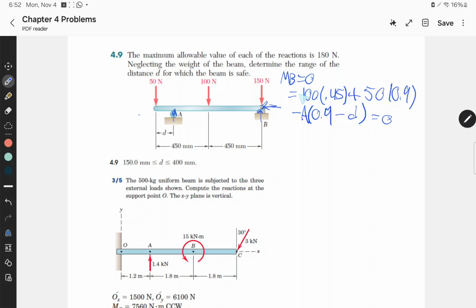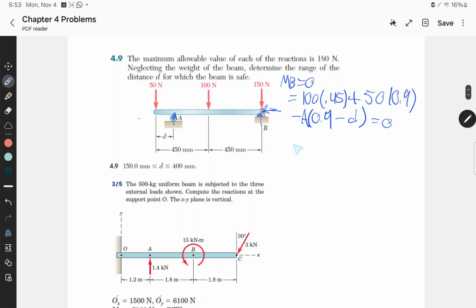And then what we're going to do is solve this. It's going to give us 90 newton meters, minus A times (0.9 minus D) equals 0. We're just going to move this to the other side. It's going to be 90 equals A times (0.9 minus D).